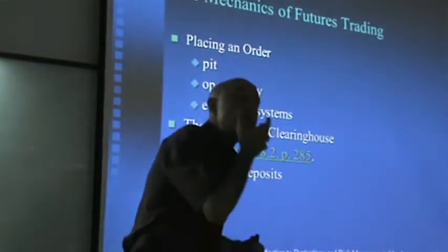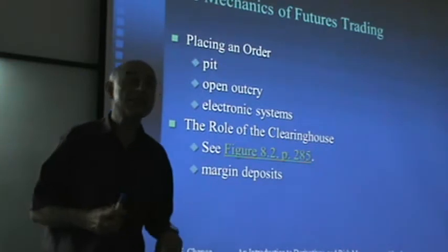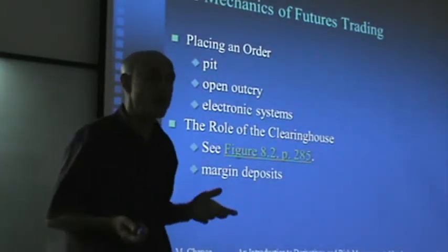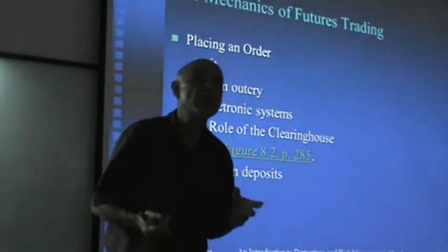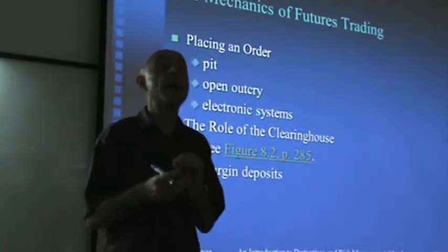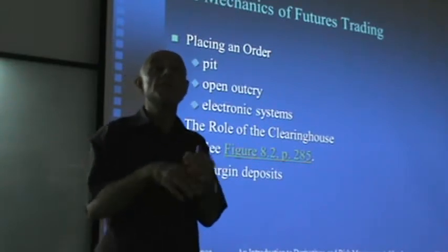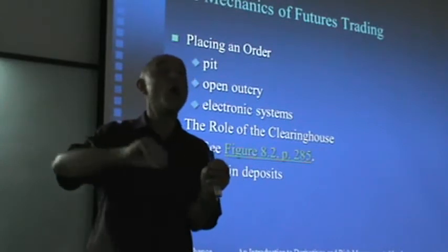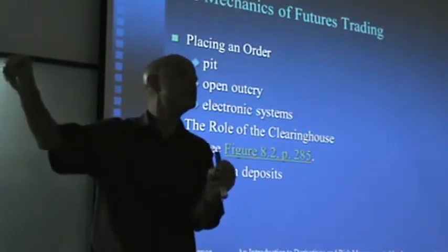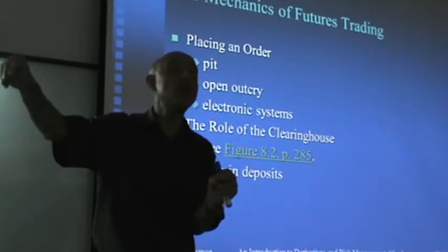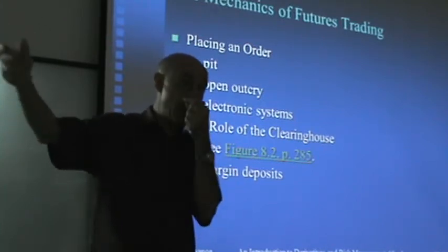All right, we'll continue with futures contracts. Placing an order. How is it traded? Well, it's very simple. I, as a customer, place an order with my broker. My broker will transfer the order almost immediately through software to another broker, which is a member of the exchange.